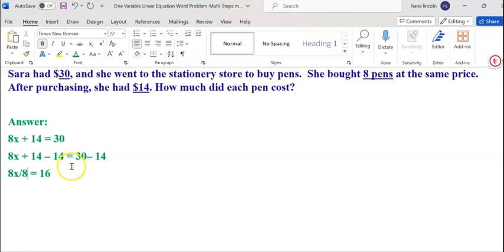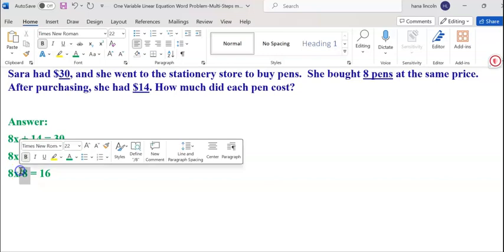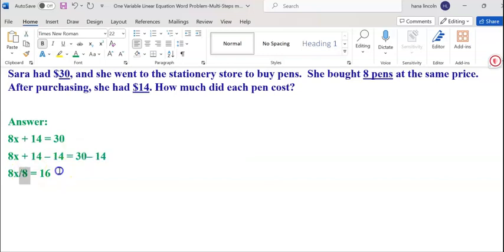And whatever you did on the left side, you're going to do on the right side. Just copy that and paste on the right side of equal. Now 8 divided by 8 is 1, left with x.